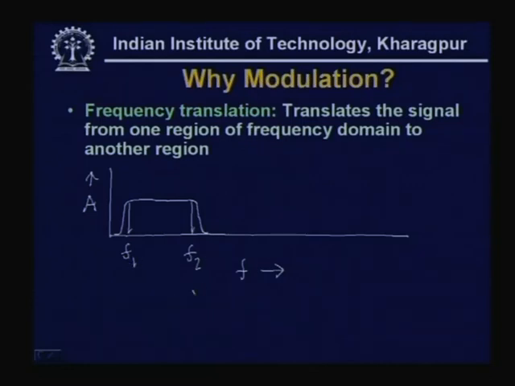Now, by modulation, this signal can be translated to another frequency range, say f1 dash to f2 dash, and usually this frequency range f1 dash to f2 dash is much higher than f1 and f2. However, the information content of the translated signal is such that the original signal can be recovered from it.